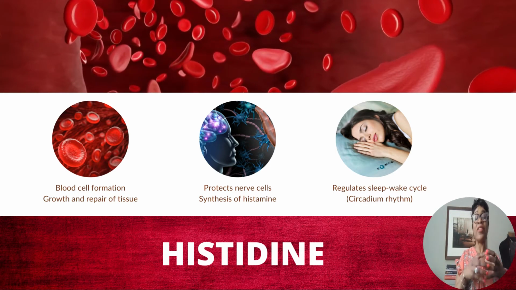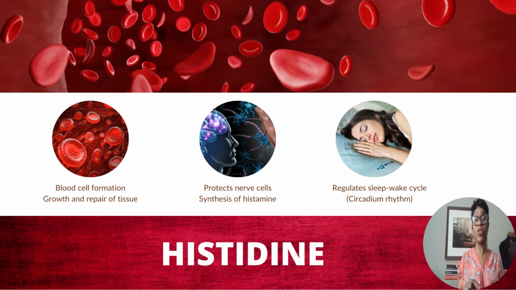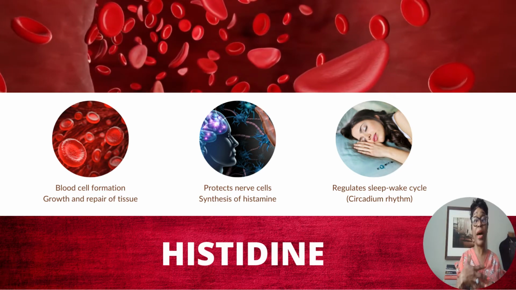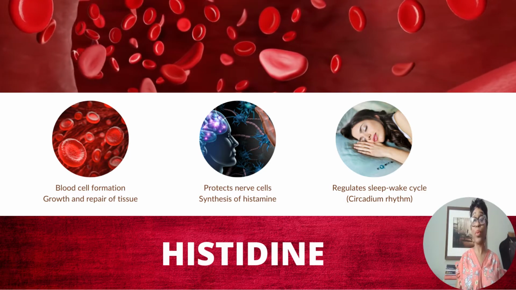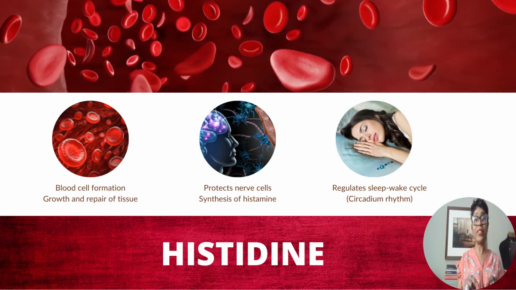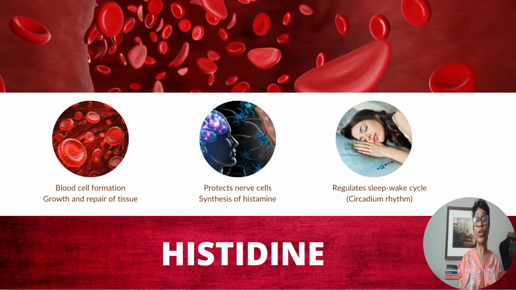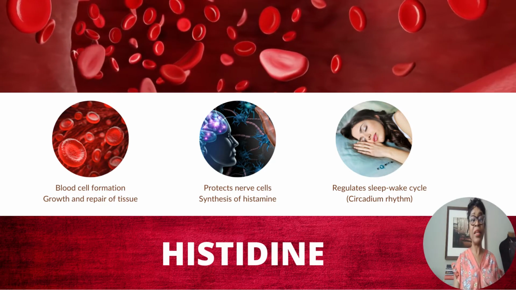It's like a sheath that surrounds and protects the nerve cells for the transmission of messages from the brain to other areas in the body and to all of our organs. So histidine acts as a precursor for the synthesis of histamine, which is a neurotransmitter that's essential for immune response.